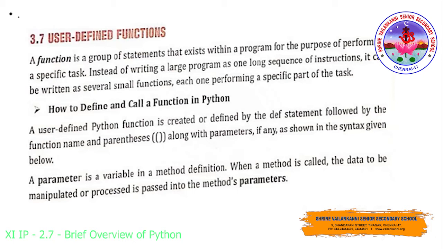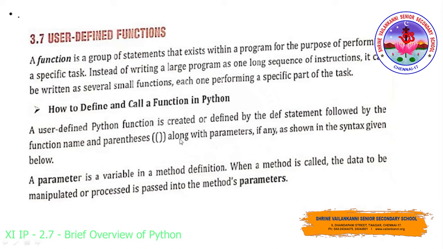Now, how do we define and call a user-defined function in Python? It is usually created by using the def statement. def represents define. We use the def statement followed by the function name and parentheses along with the parameters.